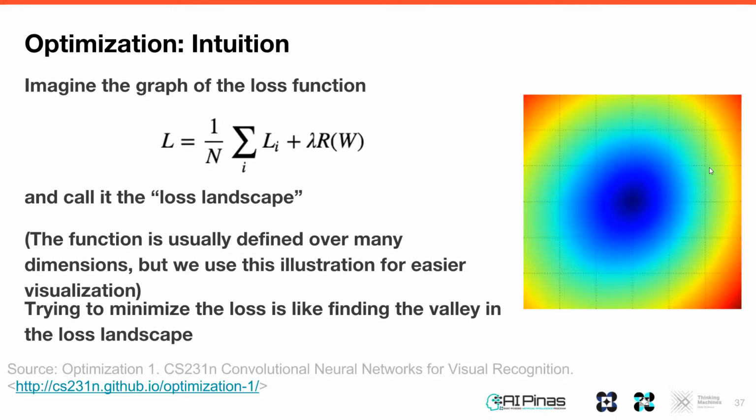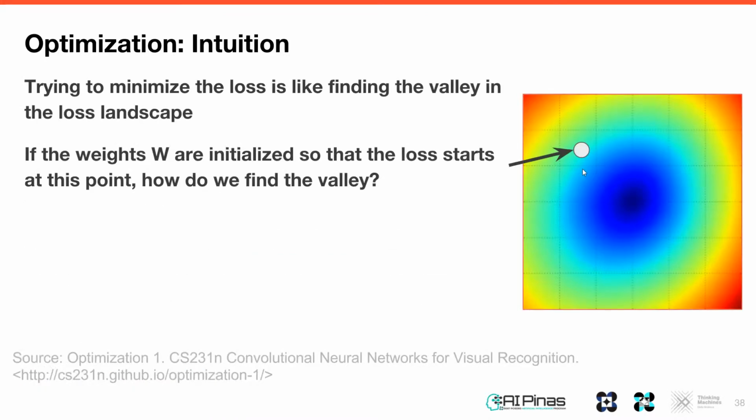Trying to minimize the loss, the specific loss of one set of parameters W, is like finding the value in the loss landscape. You want your values W to be such that your loss is minimized here. But remember that the weights can take many different values, which is why we have a landscape to work with.